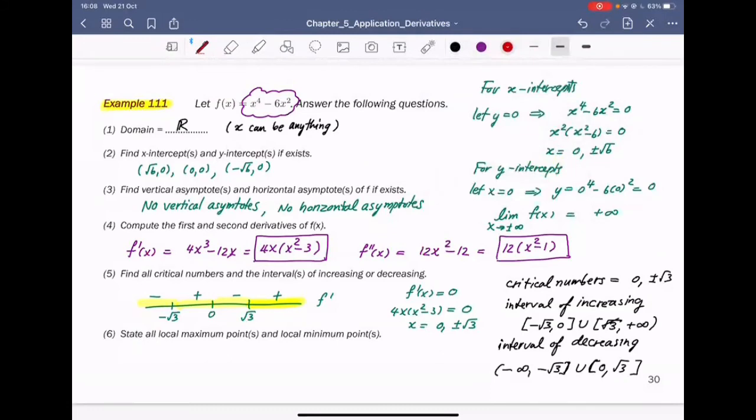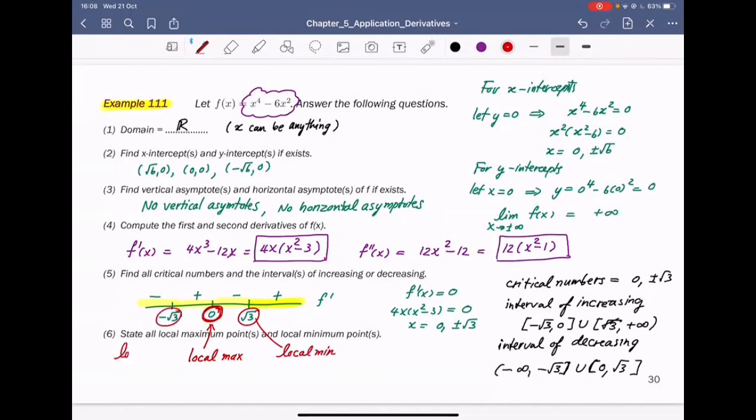Because we have minus, plus here, we can see that at the point x equal to 0, the function changes the sign of f prime from plus to minus. So this is going to be our local max, and the others are going to be our local min.